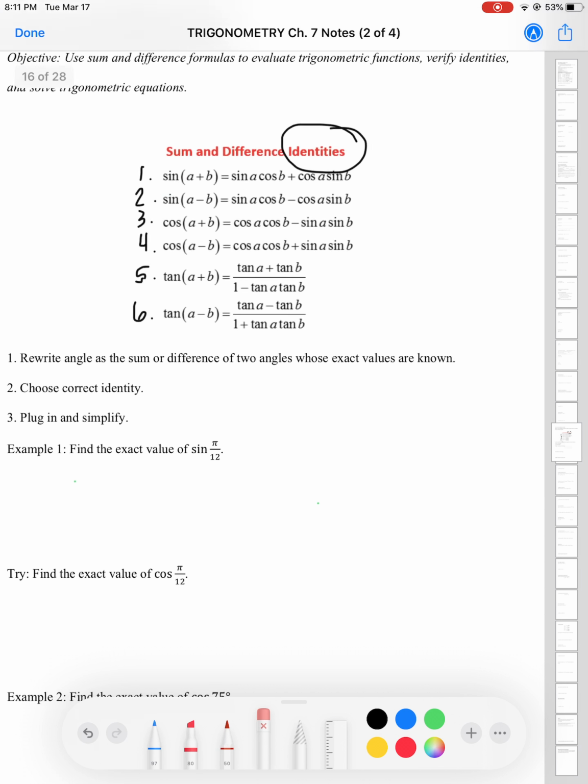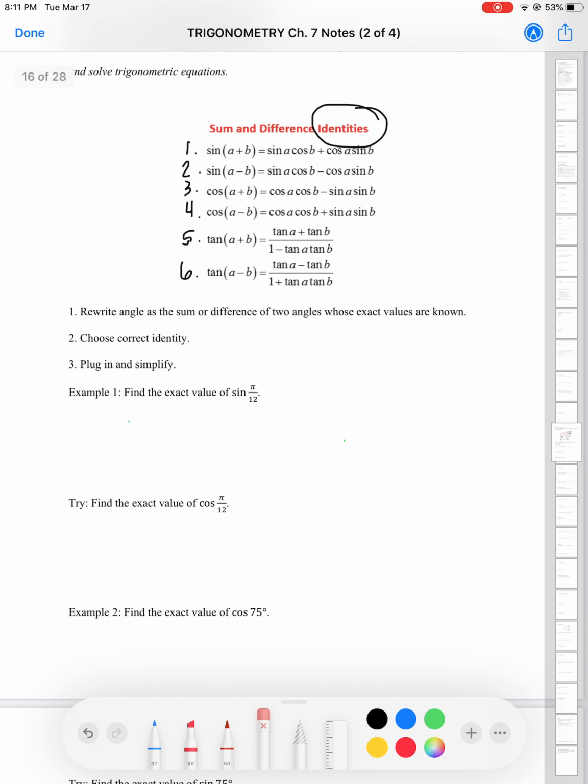So cosine A, cosine B plus sine A, sine B. So cosine pi over 3, cosine pi over 4, plus sine pi over 3, sine pi over 4.